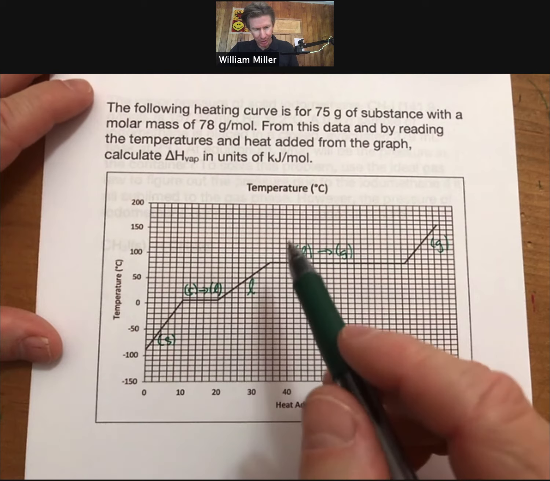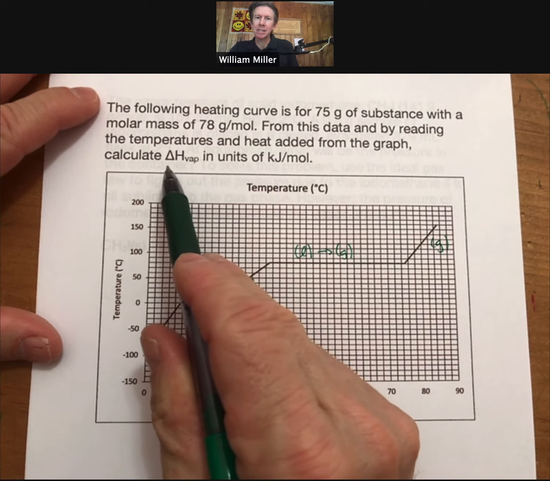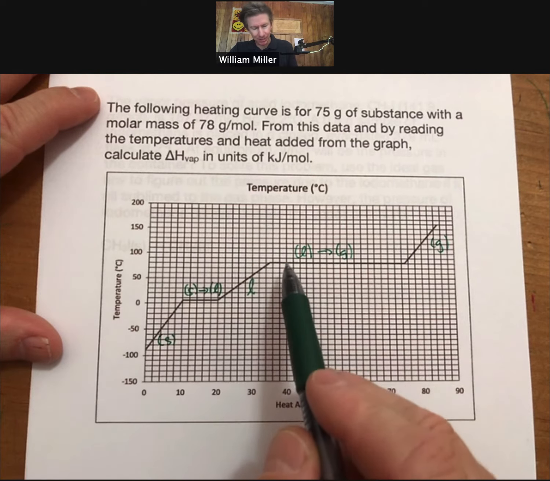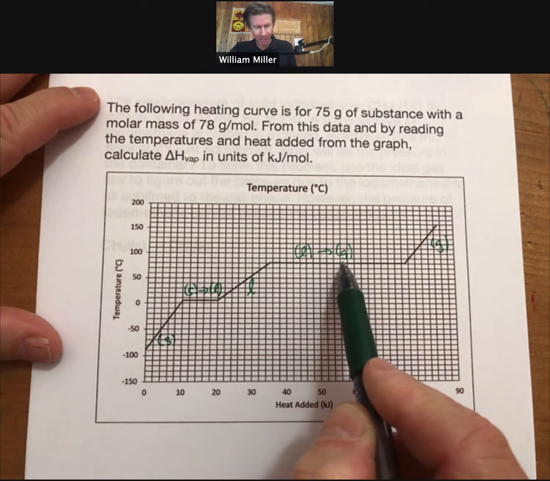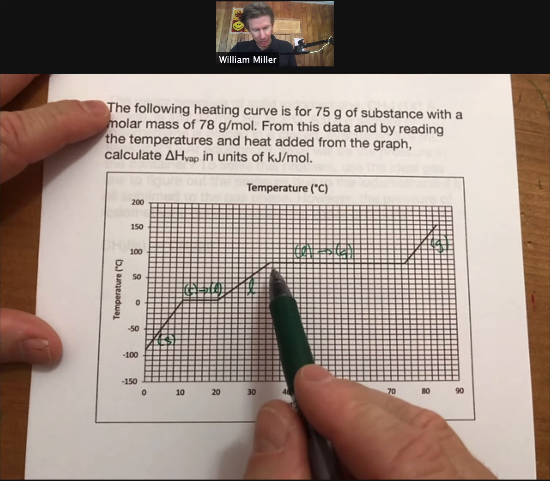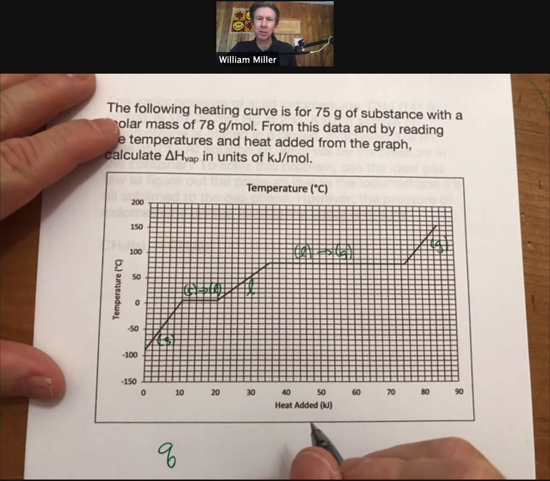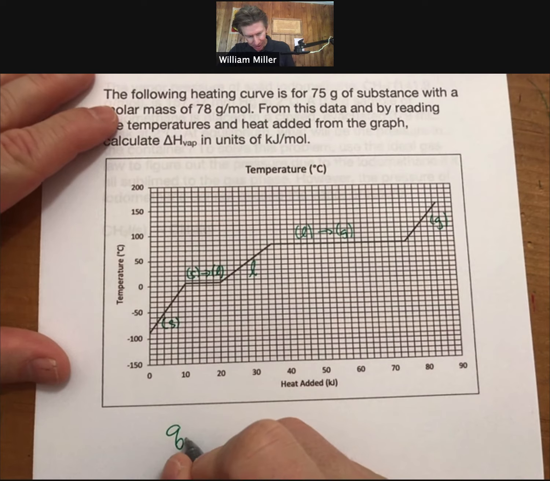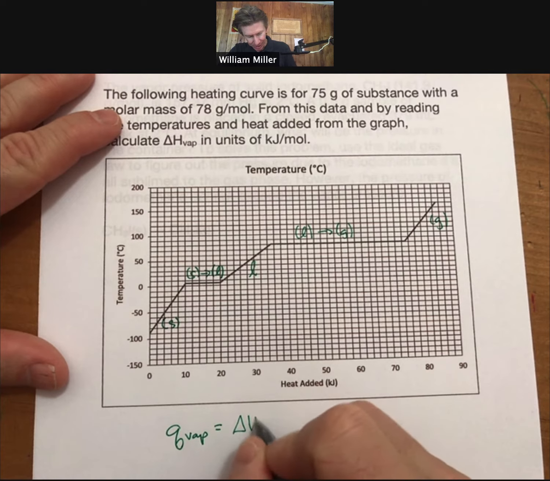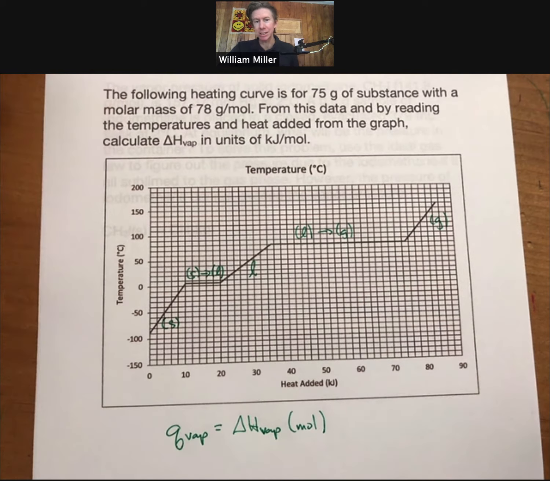Now for this one, we're being asked to calculate delta H vaporization. That is the change in enthalpy of vaporization, meaning as we go from a liquid to a gas. From our heating curve calculations, Q of vaporization, or Q of reaction, equals delta H vaporization times moles reacted, or in this case, moles vaporized.